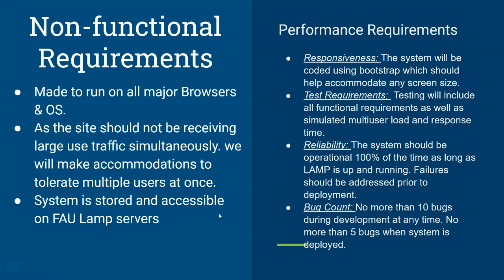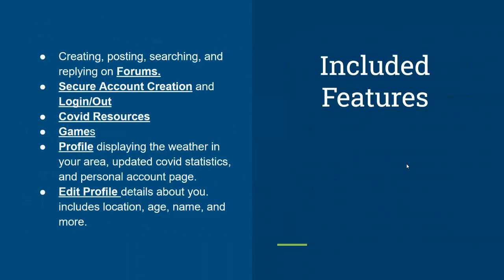Our system, we wanted to make it always accessible and stored on the FAU LAMP servers. And we also had a variety of performance requirements. Responsiveness, we had many different testing requirements we wanted to fulfill for our functional requirements. We wanted our site to be reliable. And also we wanted to maintain a bug count for developer standards and practices.